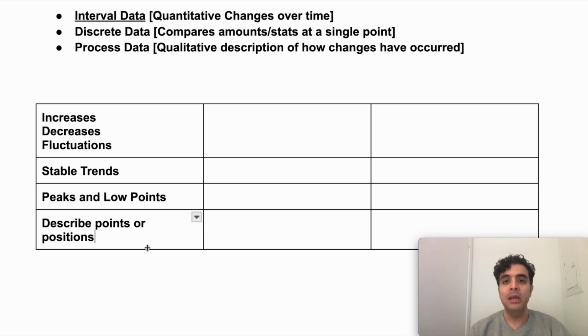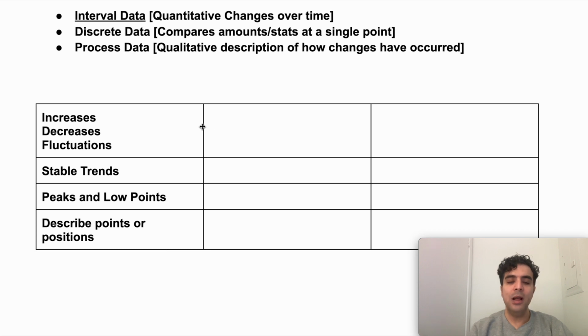For example, if you have a line graph and one of your variables will form a paragraph, but you really don't have 3 sentences to include in this description, maybe because it's just a simple increase, then in addition to saying that it has increased, you could talk about its starting point, and then you could add a separate sentence describing that final amount that it reached, right? So this is what I mean by describing points or positions.